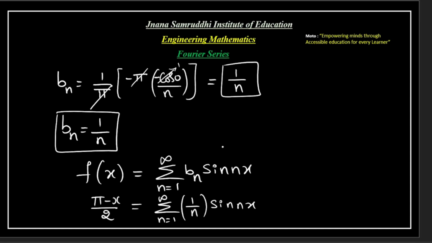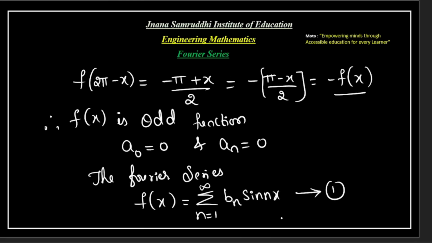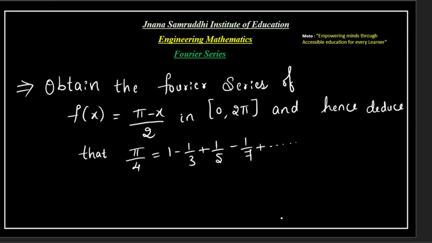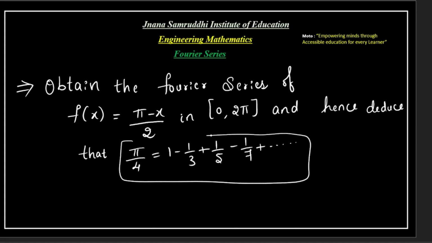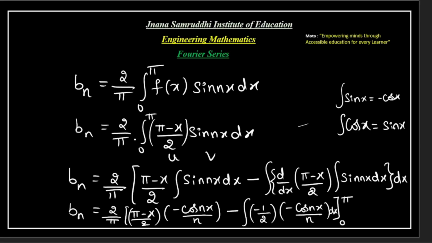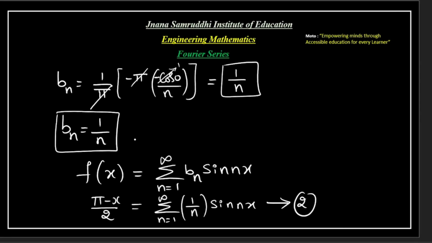Now we'll consider this as the equation number 2. But in the question they have asked us to deduce the Fourier series to pi by 4 times 1 minus. So this answer we should get. So how to deduce? In the place of x, we need to replace the x with pi or 0 or pi by 2.